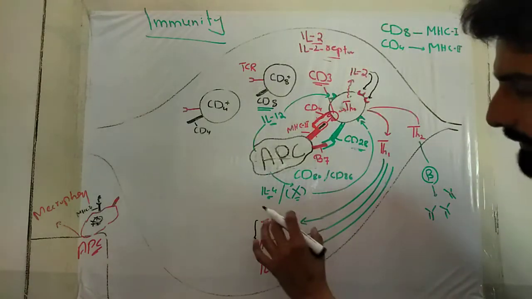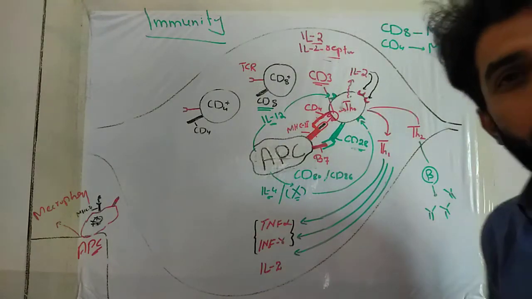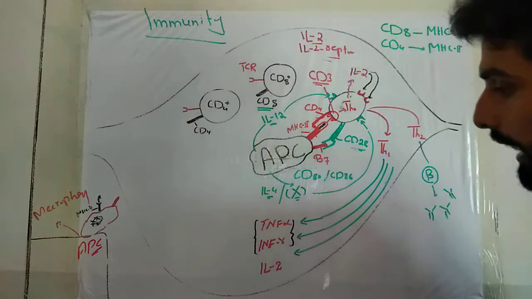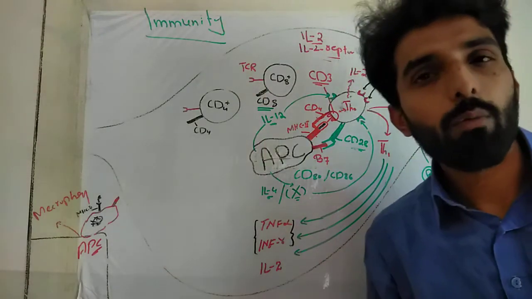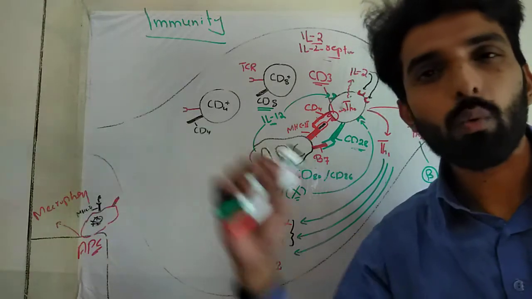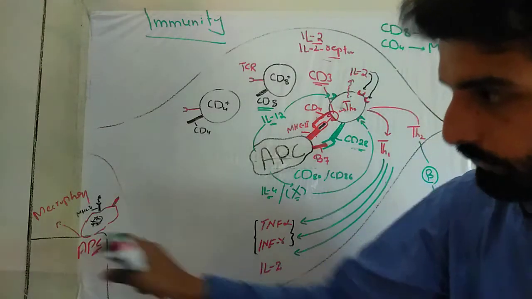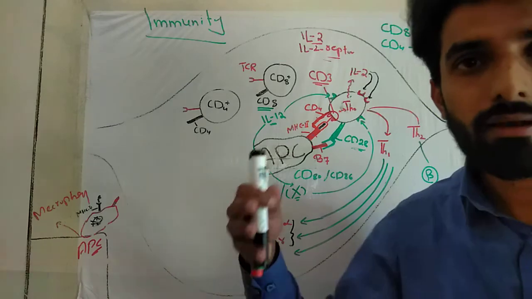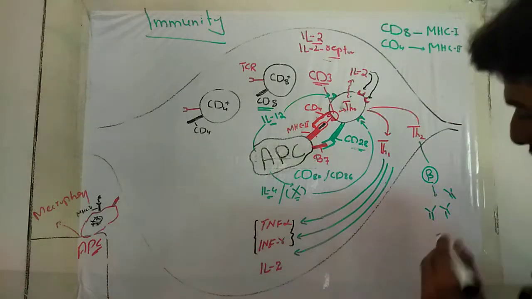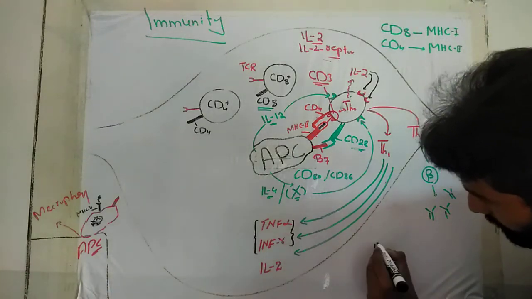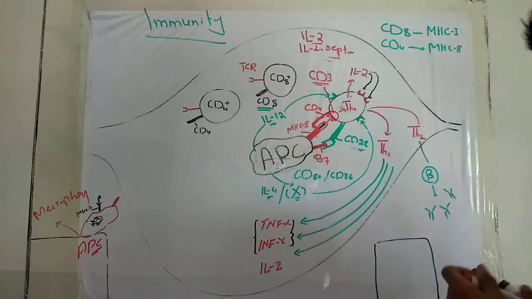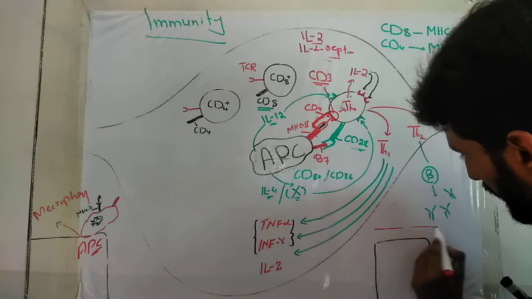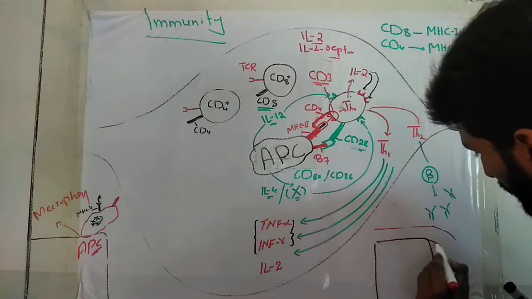Okay, this Th1 will basically, after activating cytotoxic T cell, migrate toward the infected tissue in which the pathogen has attacked. Okay, so for example, this is the infected tissue.